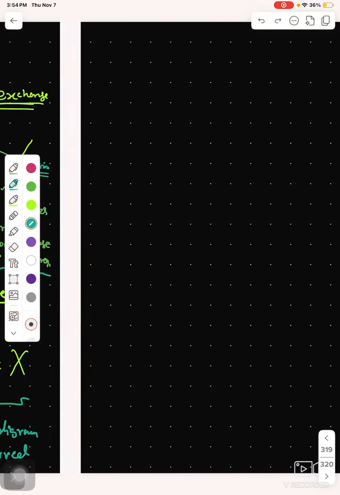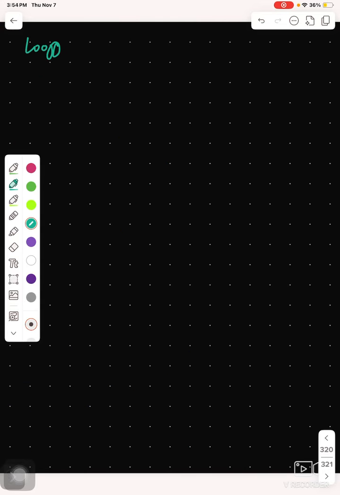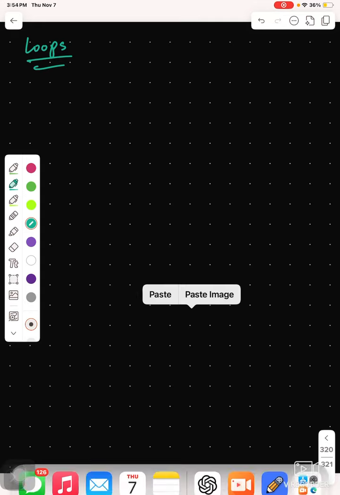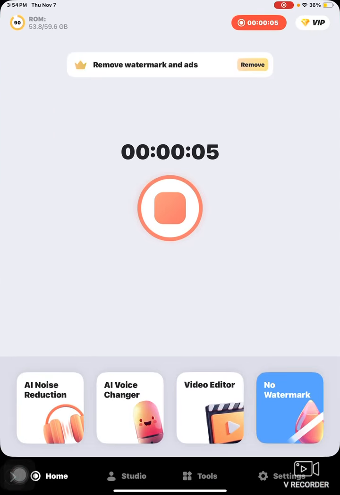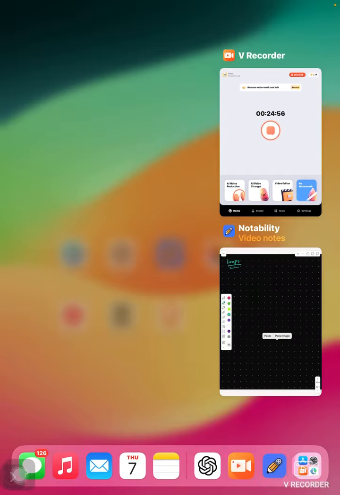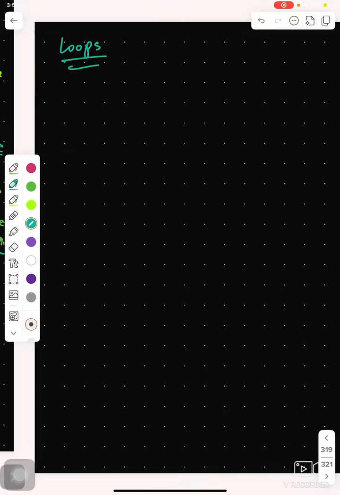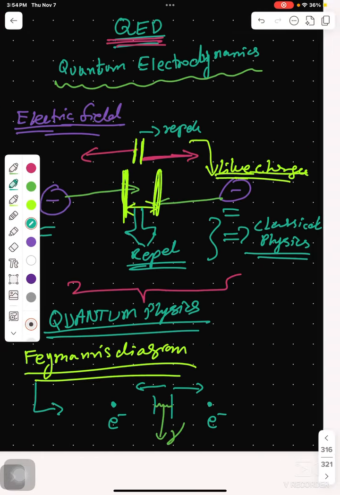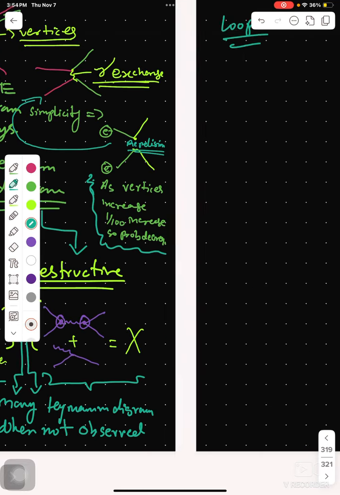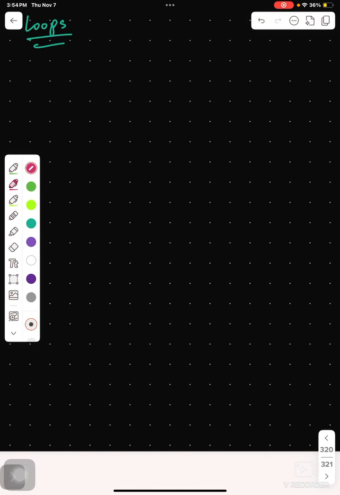There are some Feynman diagrams which are known as loops. We have some Feynman diagrams which act as a loop.